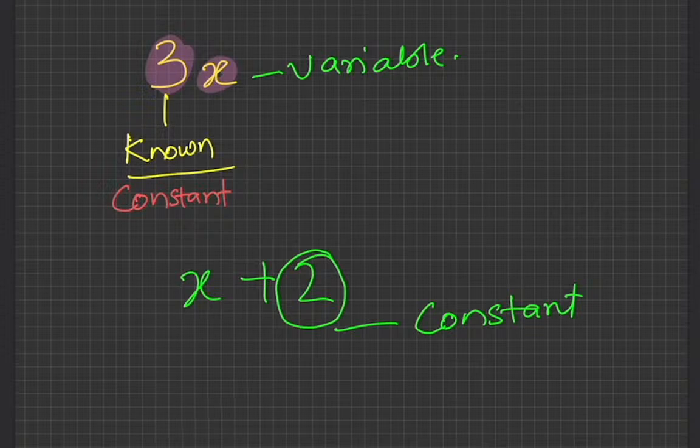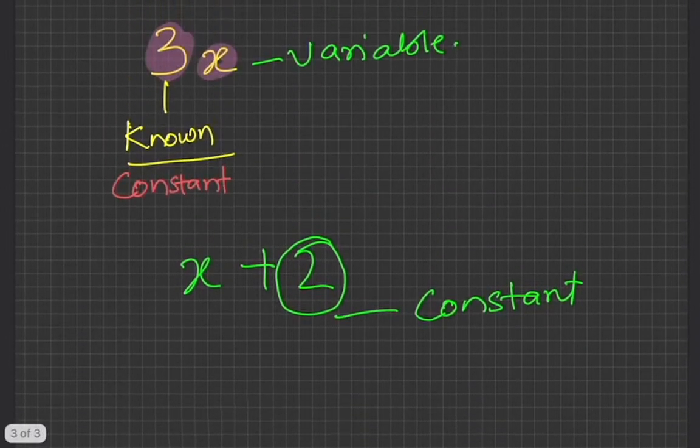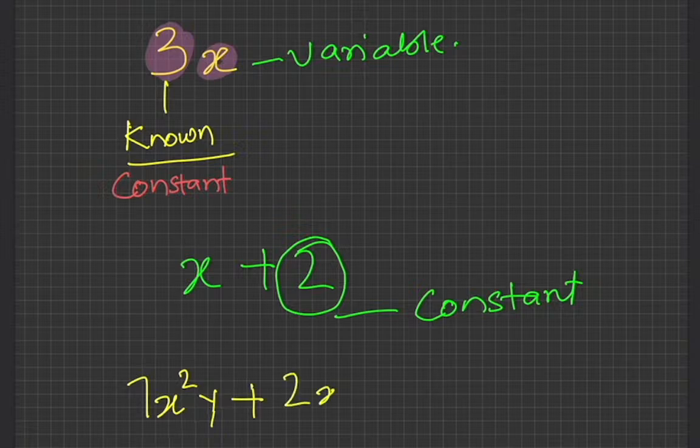So here is an algebraic expression. Let's take another one. We have, let's say, 7x squared y plus 2x squared, maybe minus 4, right?